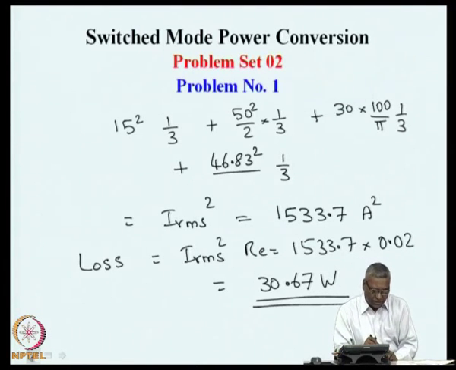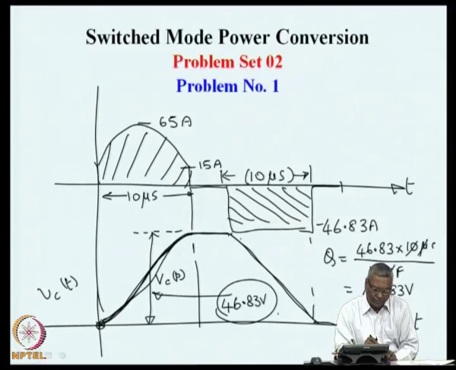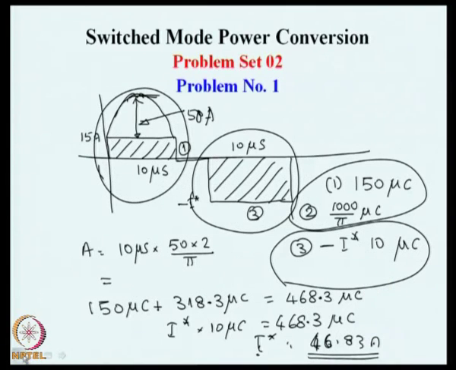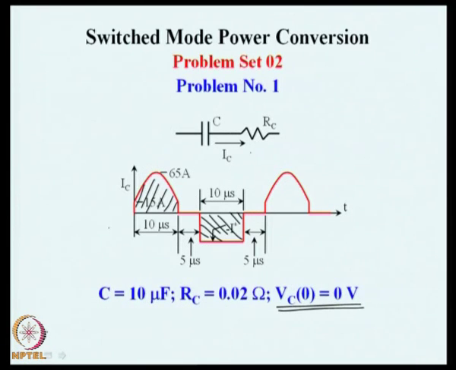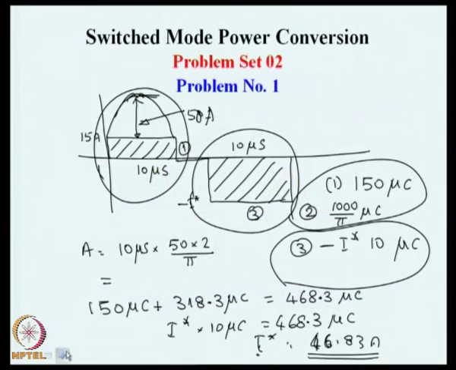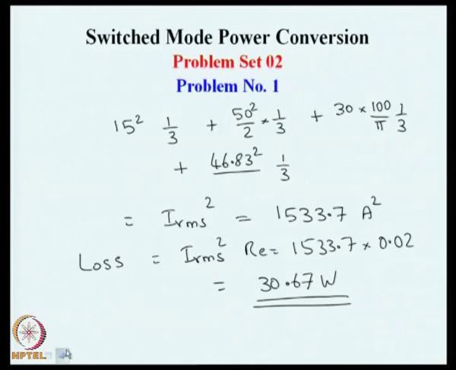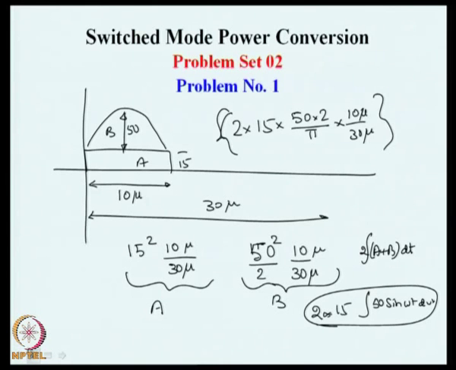So, in this capacitor what we have seen, there is a parasitic resistor, and on this resistor, on account of the current that is flowing, we have a total loss of 30.67 watts.